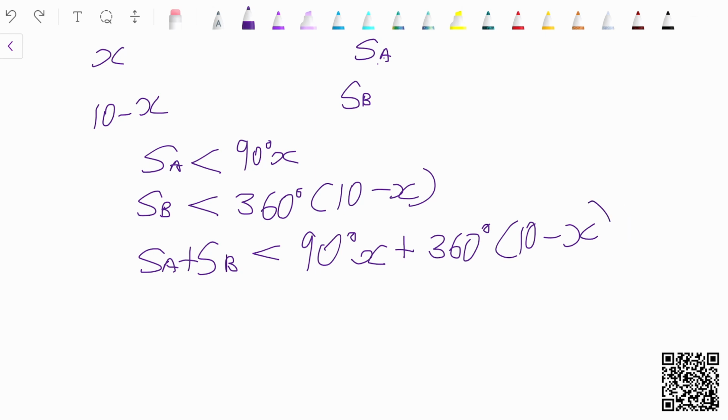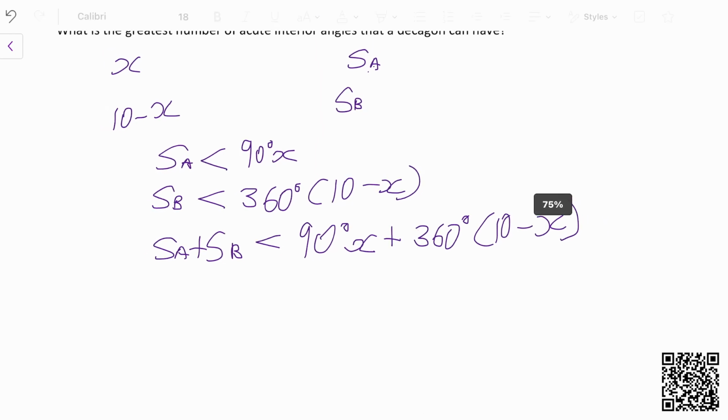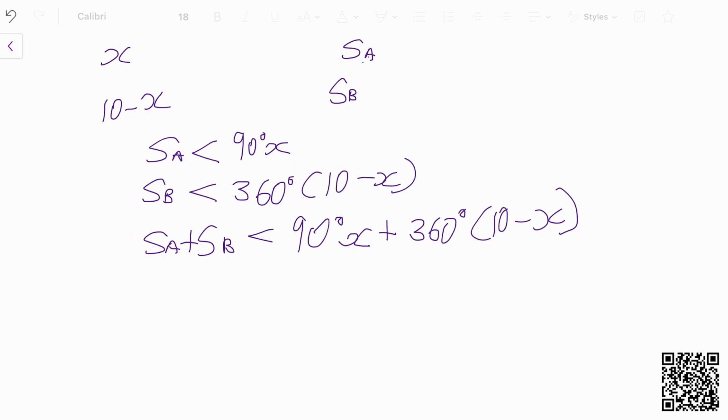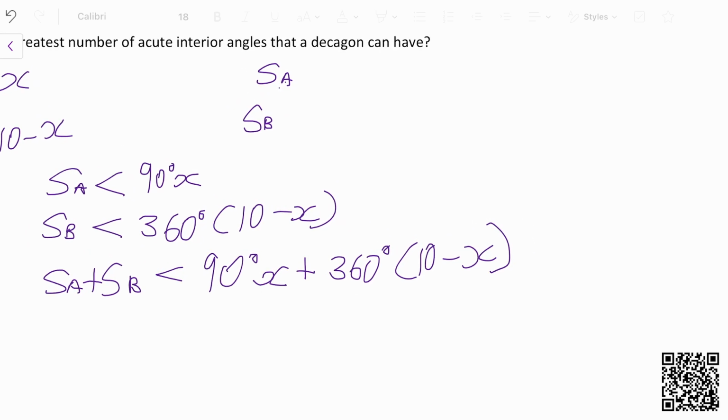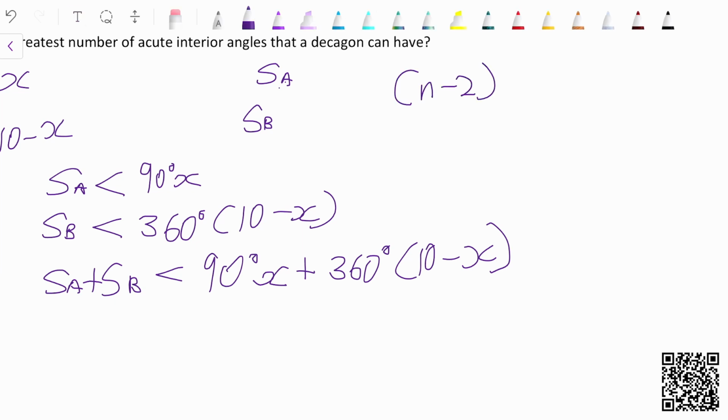So, how do we know what SA plus SB is equivalent to then? SA plus SB would be just the interior angles of the decagon added together, and using our nifty little formula from a lot of previous problems, n minus 2, n being the amount of sides that our polygon has, multiplied by 180, in this case it is equivalent to 1440.